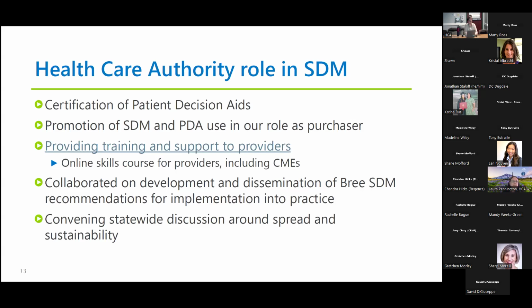And then lastly, we've been convening statewide discussions around spread and sustainability of shared decision-making and the use of patient decision aids. More recently, we had an in-person workshop in January, and that was our first time getting back together in person since COVID.